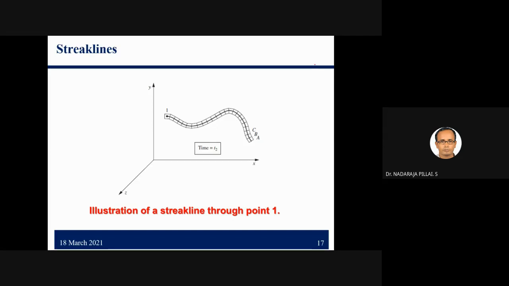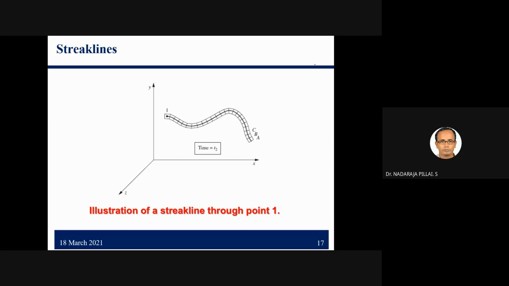So this is the Streakline. Usually, the definition of the Streakline is that streaklines are the locus of the fluid elements which have earlier passed through the prescribed point, right? So that is the definition. It also has some application that we will see later.